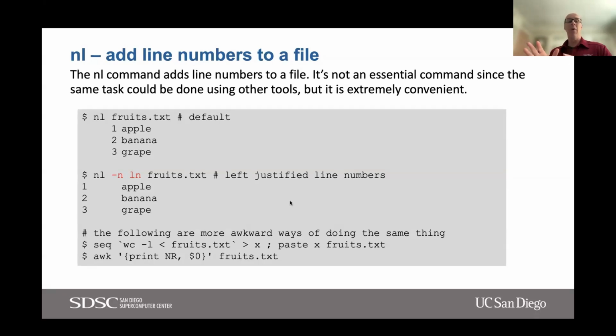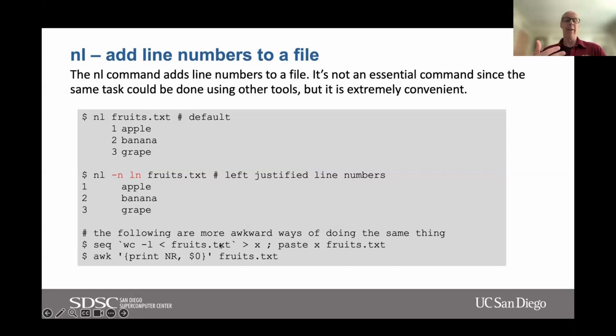Now, I said that there are other ways you could have done this, and I experimented with a few. Two options down here. I could use the seq command to generate a sequence of numbers, and I pass as an argument the output from wc -l on fruits.txt.